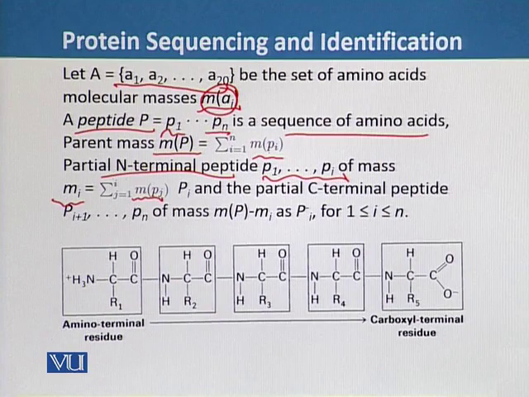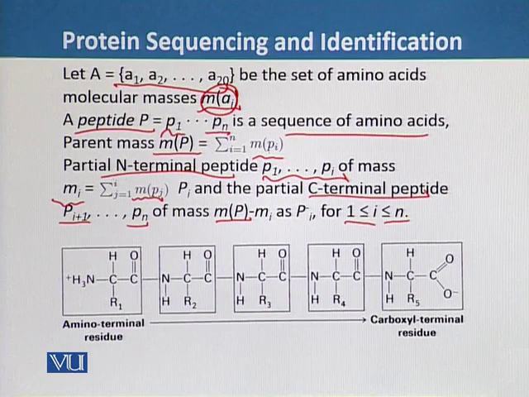In this case, the partial C-terminal peptide will be Pi+1 up to Pn of mass MP minus Mi, for 1 less than or equal to i and i less than or equal to n. We know that the mass spectra obtained by tandem mass spectrophotometry consist predominantly of partial N-terminal and C-terminal peptides.